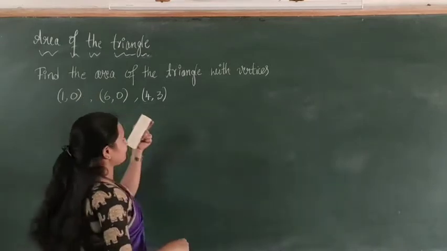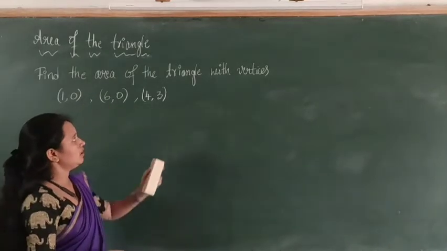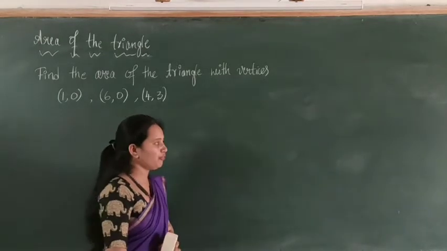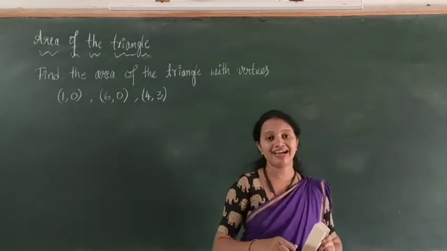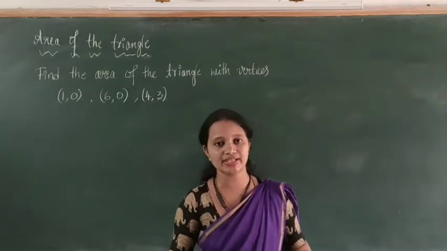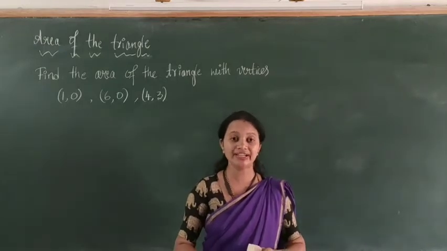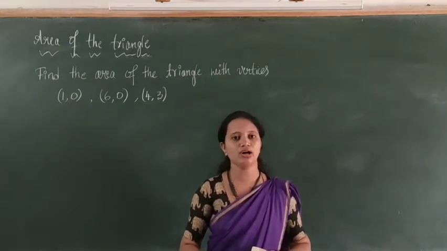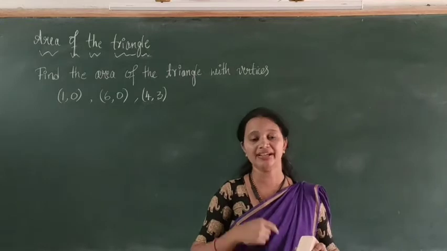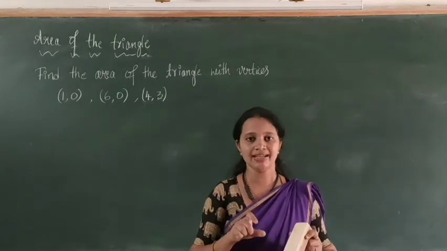Here the problem is: find the area of the triangle with vertices (1, 0), (6, 0), (4, 3). Before that, the determinant value may come positive or negative. But we know that area is always a positive quantity, so we take the absolute value of the determinant if the determinant value comes negative.